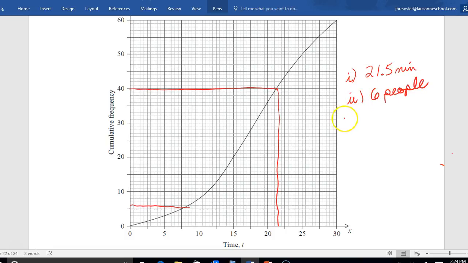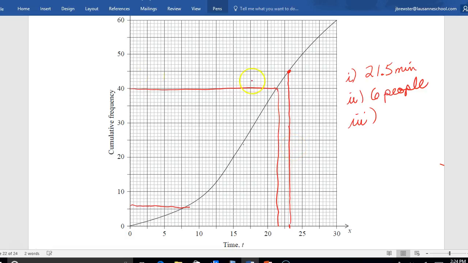And the third part, the number of people who take more than 23 minutes. Okay, 21 and a half, 22, 22 and a half, 23 should be right there. So if I go up, well, that looks to be right on 45.